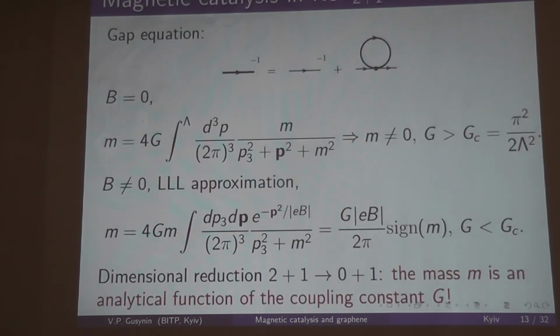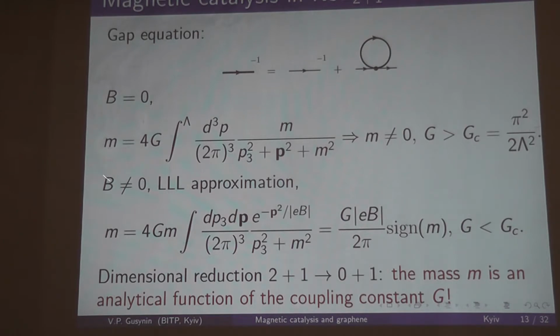Now let us make some dimensional reduction, so we consider the non-homogeneous model in space dimension 2 instead of 3. With the same approximation it is easy to solve the same equation, which now has 3-dimensional momentum integration, and we also find the existence of a critical coupling.